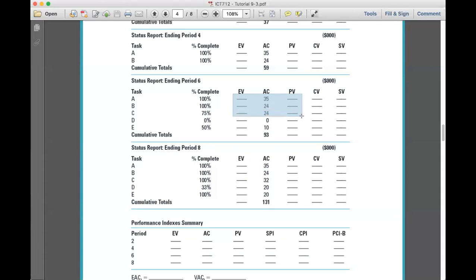For C? 36 and 24. What about D? 0 and 6. And E? 14 and 8. Okay, that's fine. So you gave me 40, 32, 36, 0, and 14, and you gave me 40, 32, 24, 6, and 8.